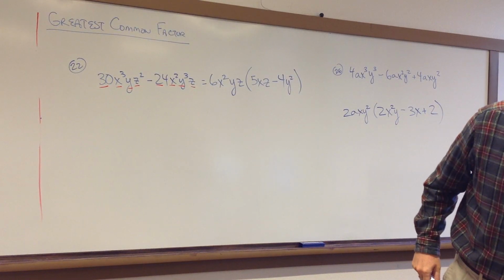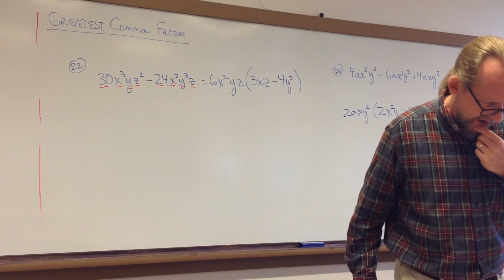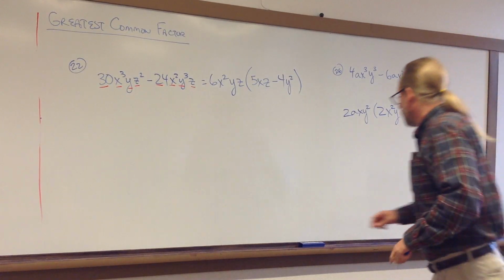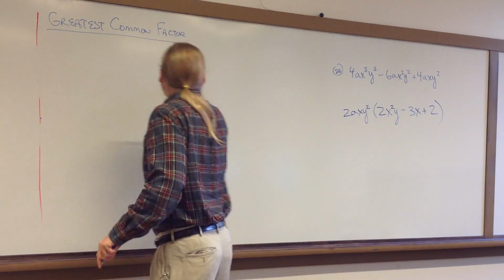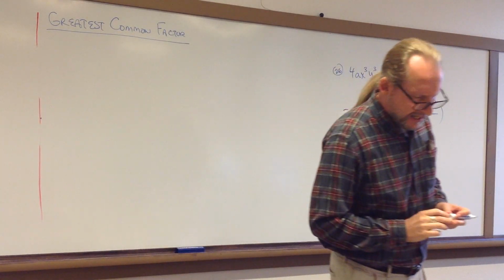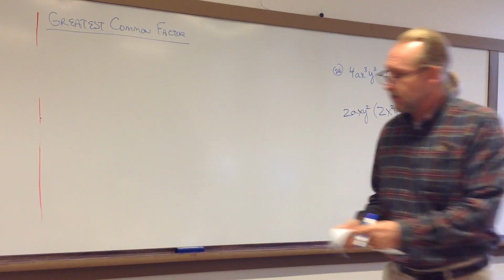All right, let's see here. Oh, let's go ahead and do 28. 28 is probably the most complicated one of these. The numbers are pretty big, plus there's 3 different variables to work with.